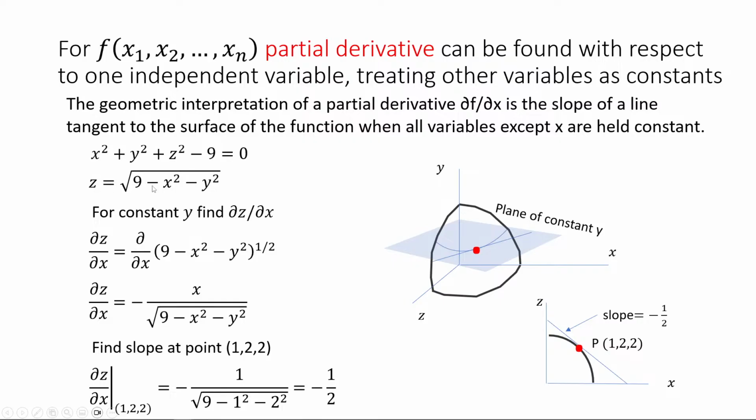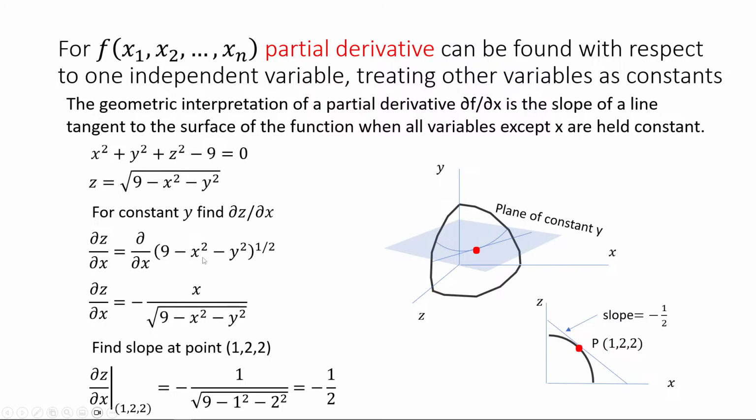And then you can find z is equal to the square root of this, and then for a constant y, now I can find the partial derivative. So partial z, partial x is equal to this to the power of 1 over 2. This guy, I can easily solve. So that's a good practice again for you. Try to solve this using the chain rule. And when you solve this, this is constant, this is constant.